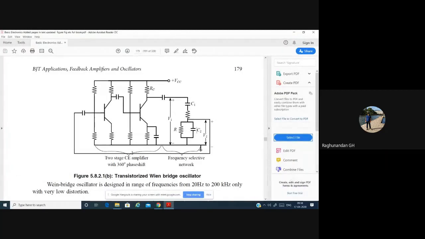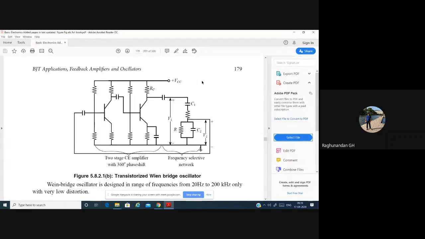Here we are not depending upon any other external resistances or capacitances to produce the phase shift, because we have already seen in the RC phase shift oscillator that one of the drawbacks was the RC network. All the RC pairs should be matched properly. If the RC values are not matching, we would not get the proper phase.